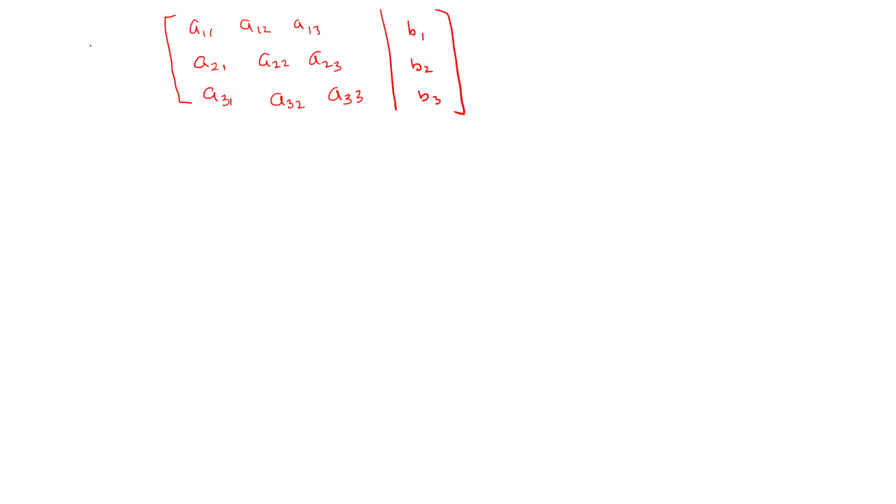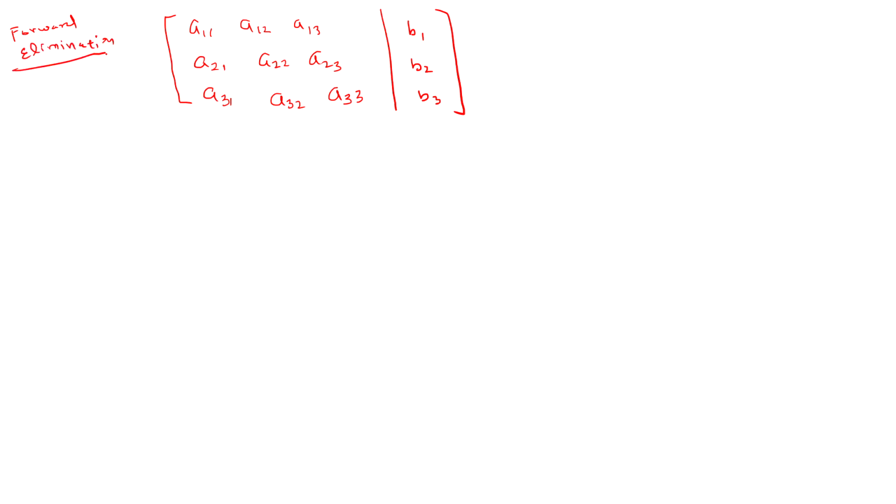So I have this A11, A12, A13, A21, A22, A23, A31, A32, A33, and this B1, B2, B3. We are here talking about forward elimination.